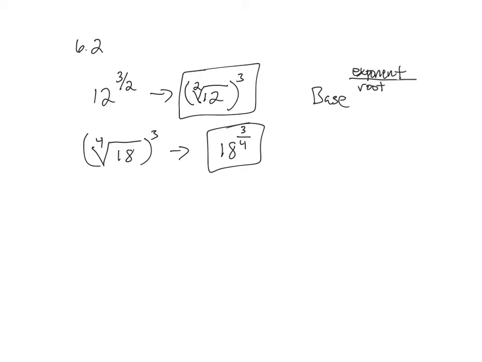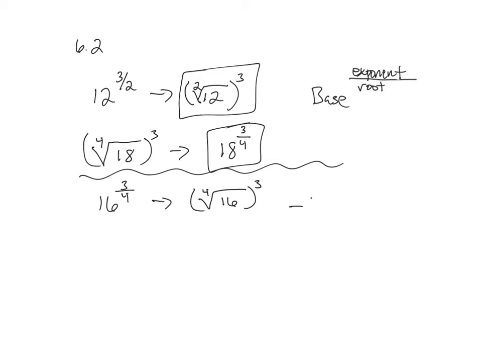Okay, so today you're going to figure out what the actual answer is. So if we had 16 to the 3/4 power, we want to change that to a radical, because we can figure that part out. The fraction exponent we can't. Okay, so remember this fourth root means what times what times what times what equals 16.